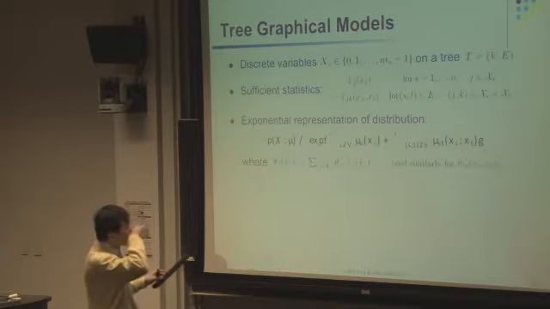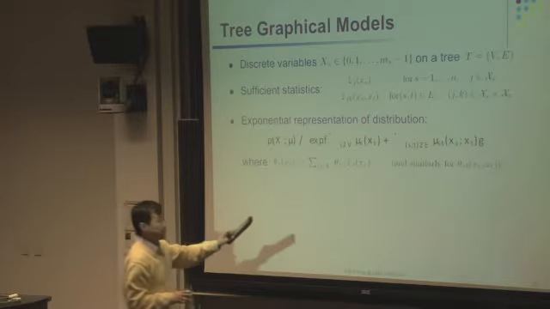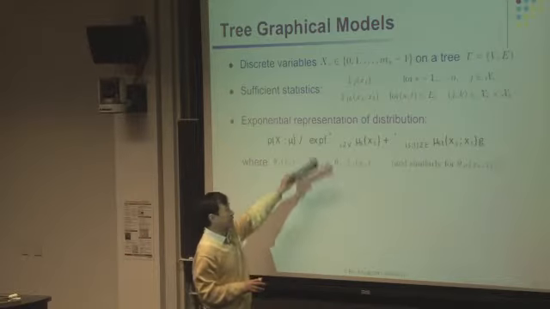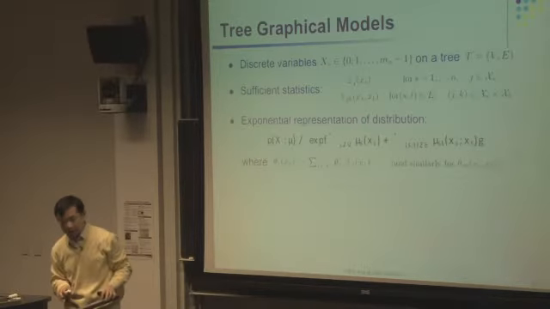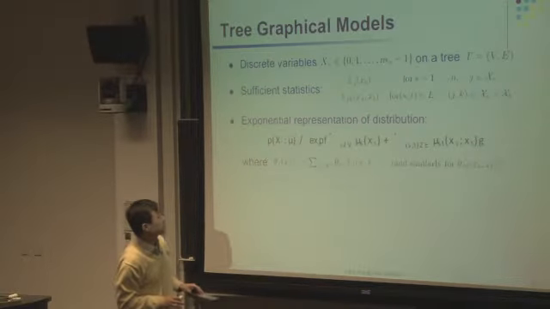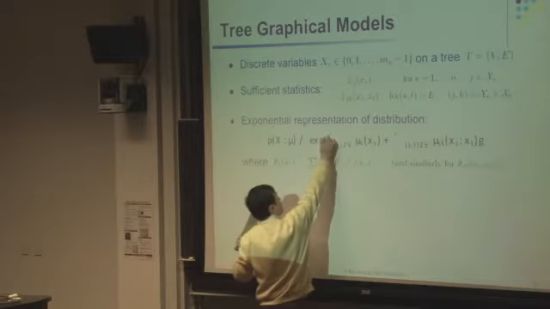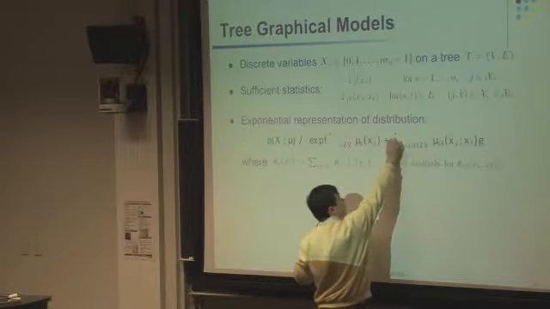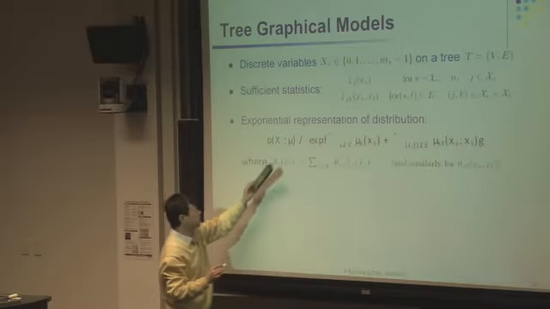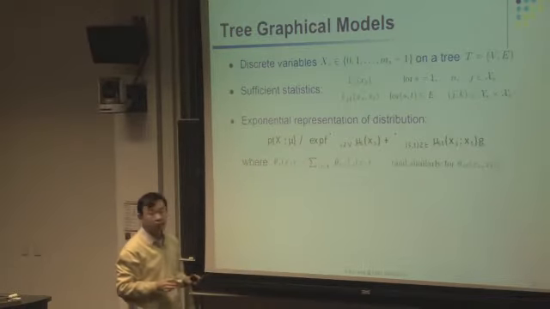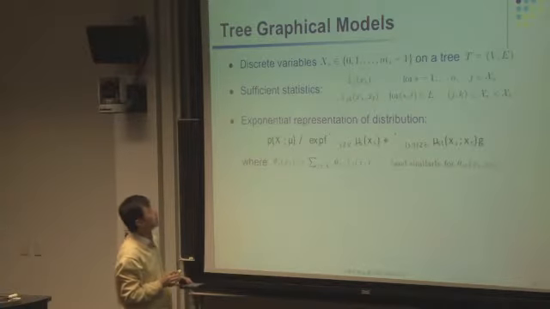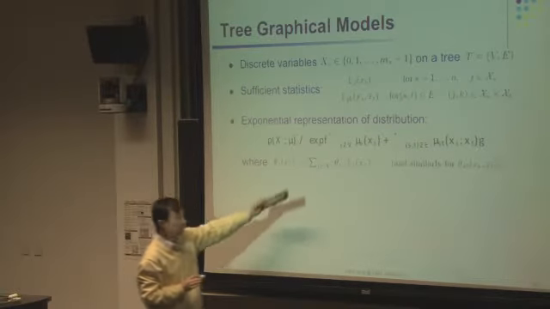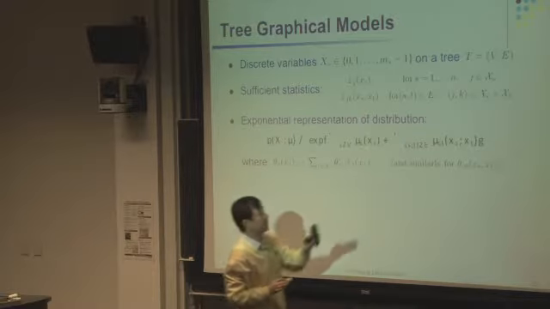Oh, yeah, so I typed the right thing on my PC, but here it still did not go well. You should put a summation sign in here, a sum over all the nodes, and a sum over all the edges. That's it. This is just a general definition in the exponential representation for an arbitrary tree graphical model with singleton potentials and pairwise potentials.